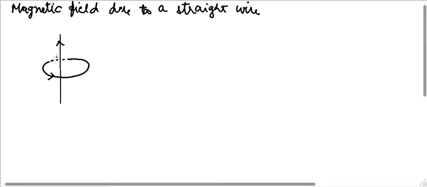In the last video we studied that a current carrying wire produces a magnetic field around its region.